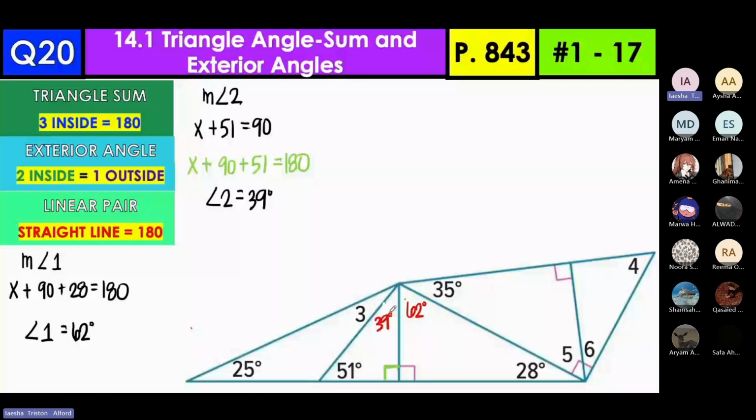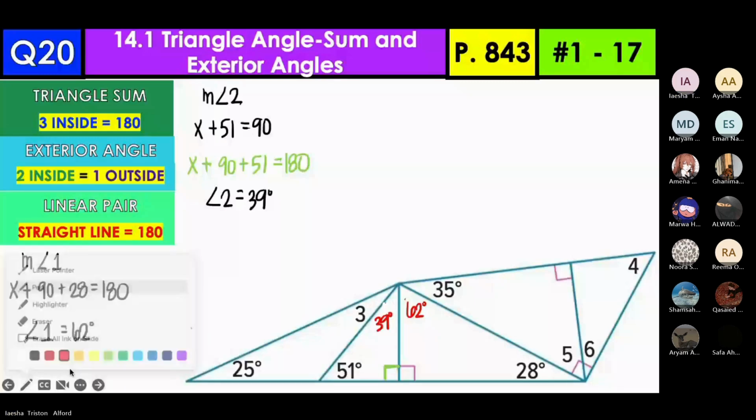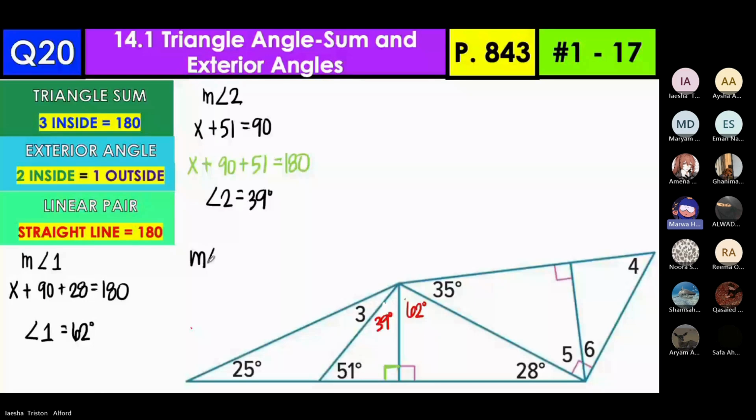If we want the measure of angle 3, what could we do? Exterior angle. What could you write? X plus 25 equals 51.